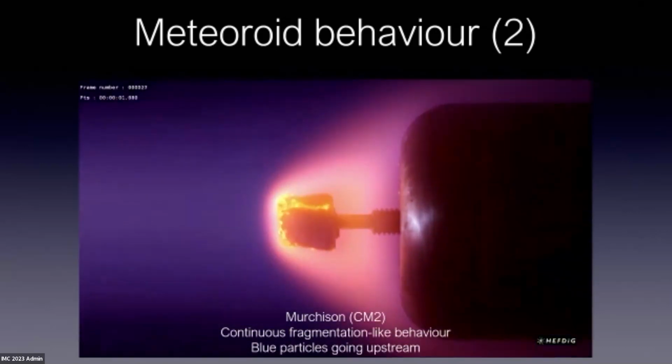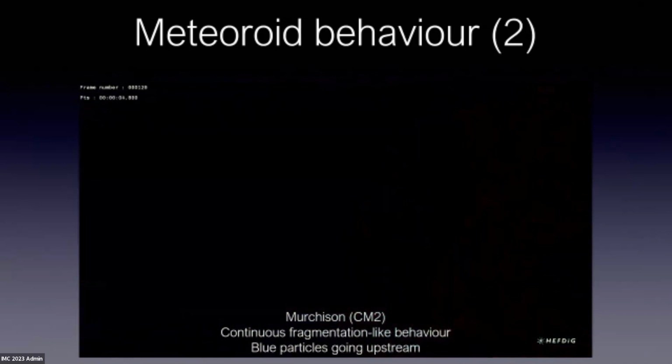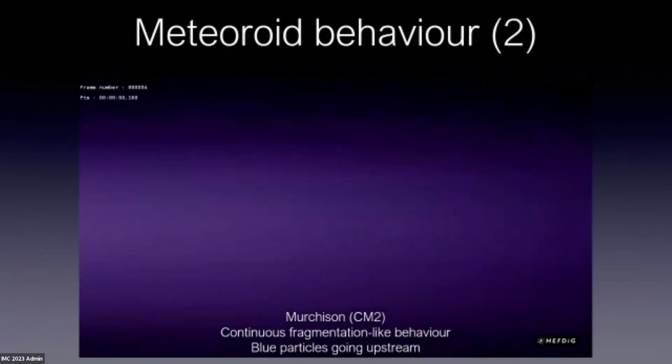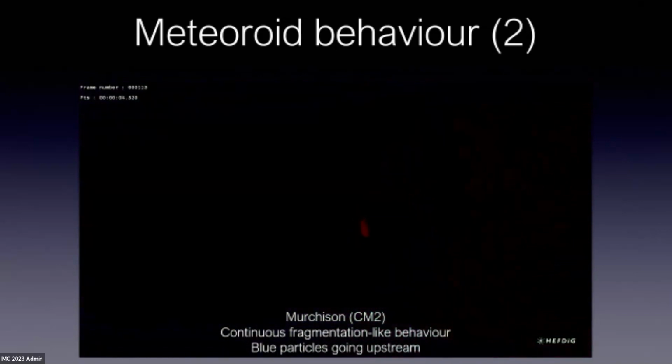So yes, it's fast. This is similar to what we would probably interpret as a continuous fragmentation. Also, I don't know if you can see it, but there are some very small blue particles going upstream, something we did not expect at all.